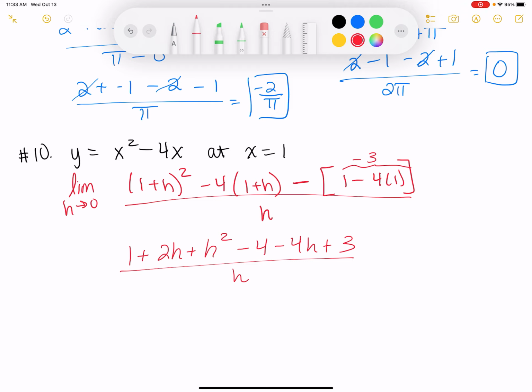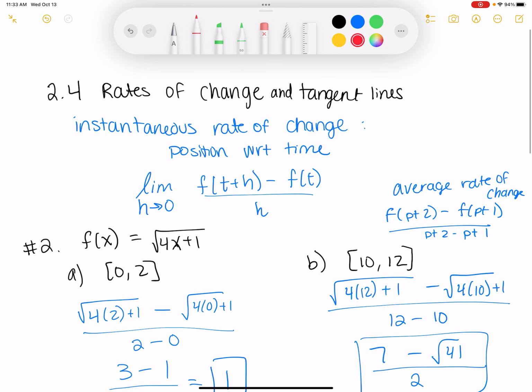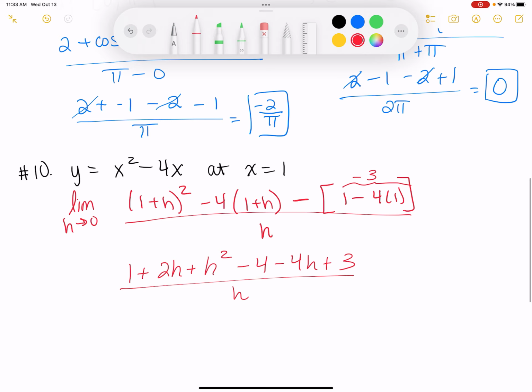How did you get the 4 times 1, where the negative 3 thing is? Right here. So f of t. Anywhere I see an x now, I'm putting a 1, because that was the value I was given. This is really t in the initial formula that you were given. They use t in the formula, but then on most of the problems they're using x.